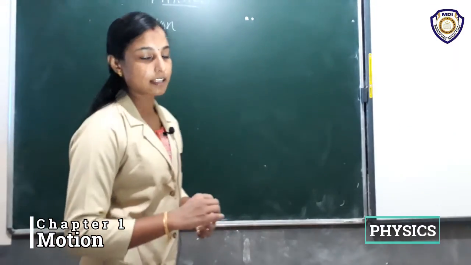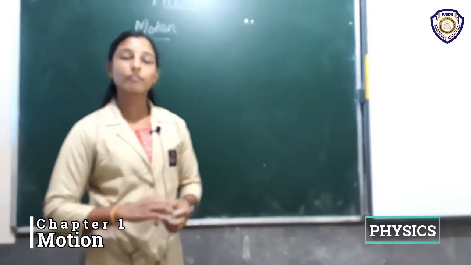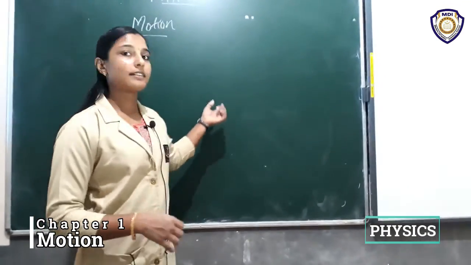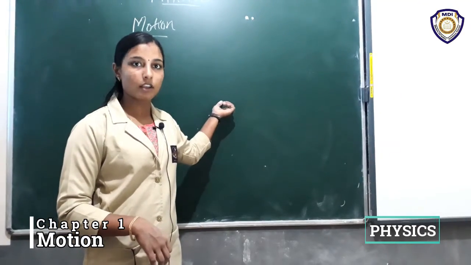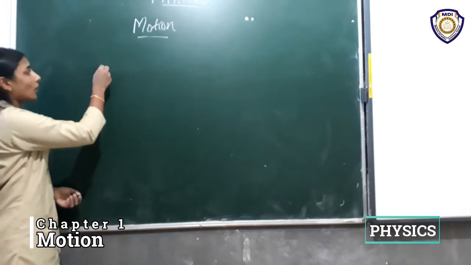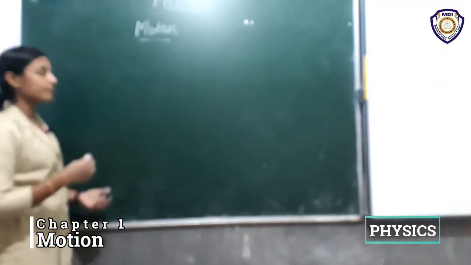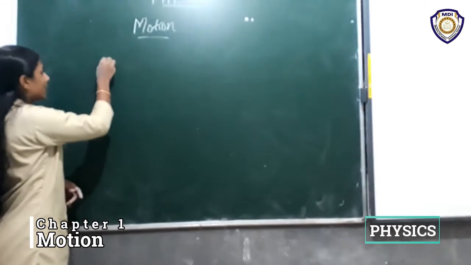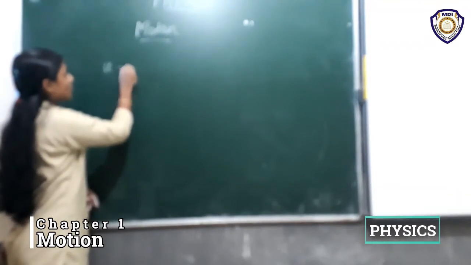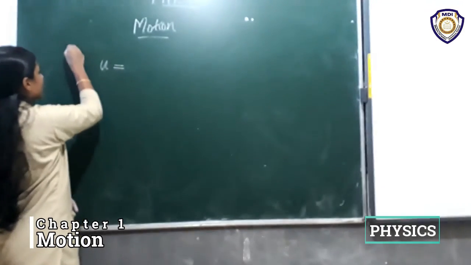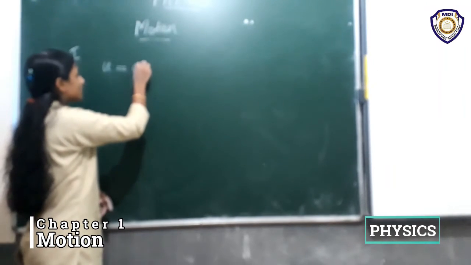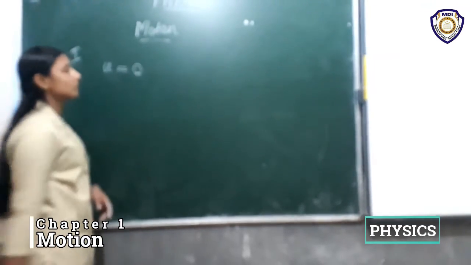So in the first case, what will be the initial velocity? Initially, the bicycle is at rest, right? So the velocity will be 0, right? We can represent initial velocity by the letter u. So in the first case, the initial velocity is 0, right?